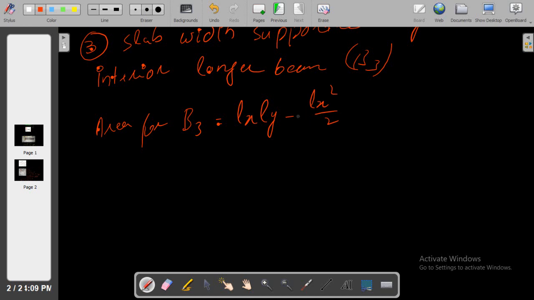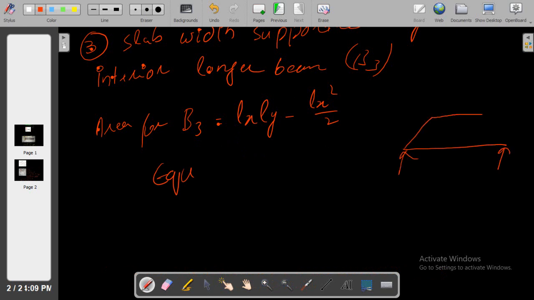Because this trapezoidal area loads the beam as shown in the figure, and we approximately convert it into an equivalent UDL.